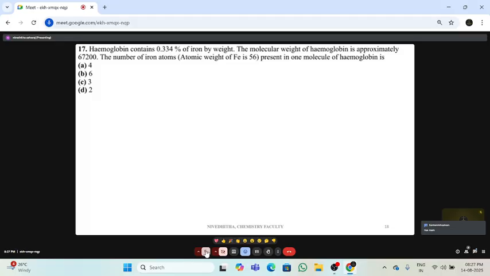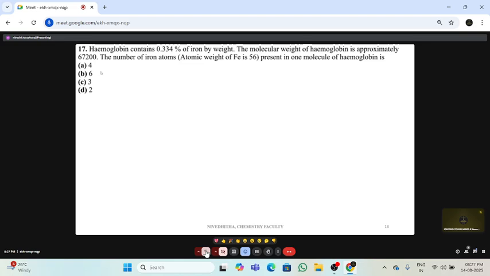So here is the question. Hemoglobin contains 0.334% of iron by weight. The molecular weight of hemoglobin is approximately 67,200. The number of iron atoms present in one molecule of hemoglobin is dash. Atomic weight of iron is given as 56.